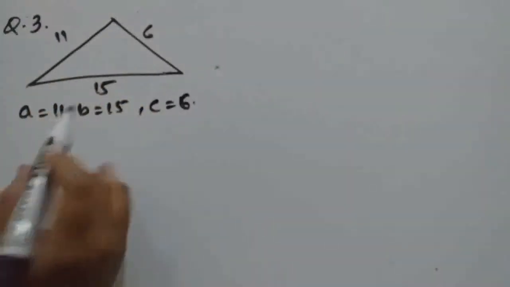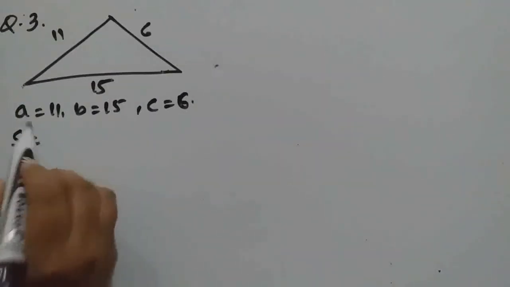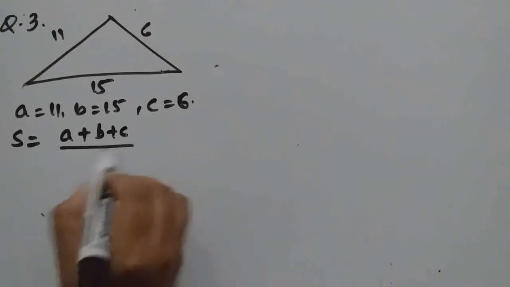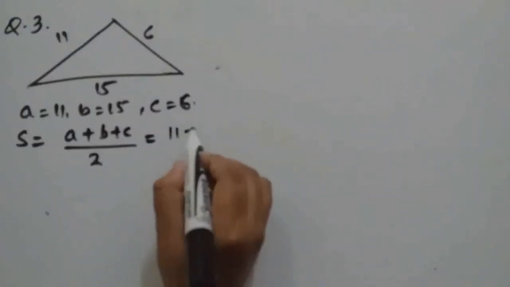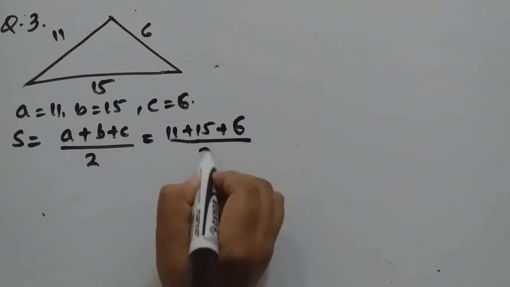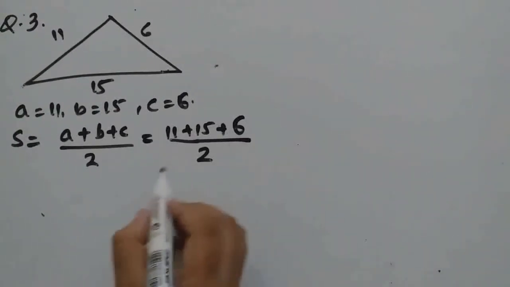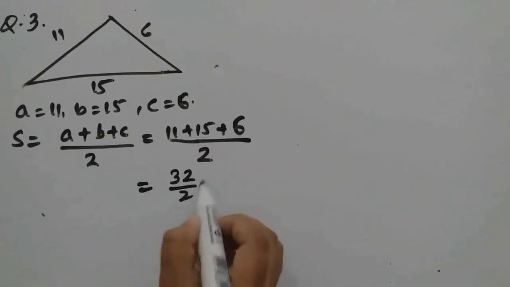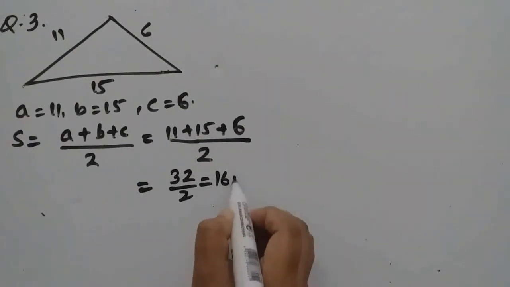So we should find the area of this triangle. First for that we should find S, A plus B plus C by 2. So 11 plus 15 plus 6 by 2. So this will give 32 by 2, that is 16 meter.